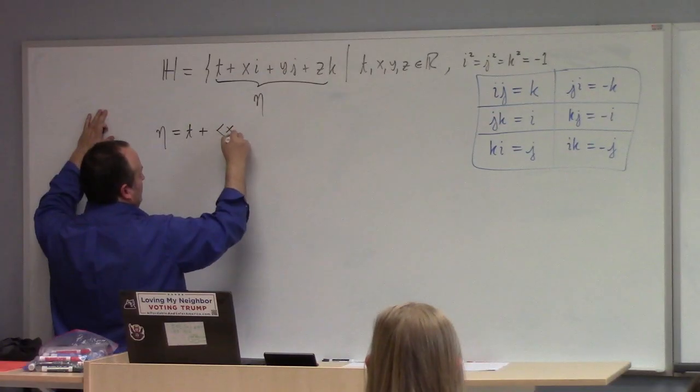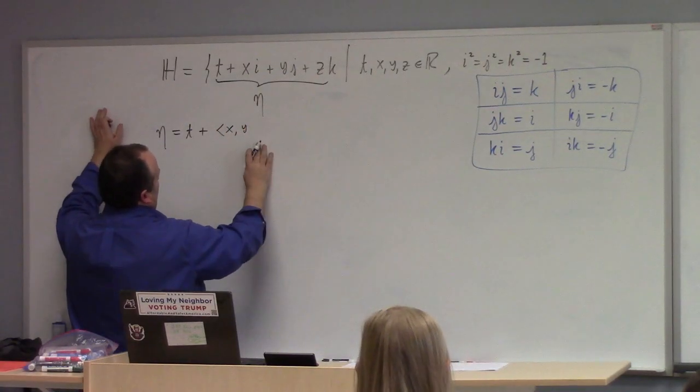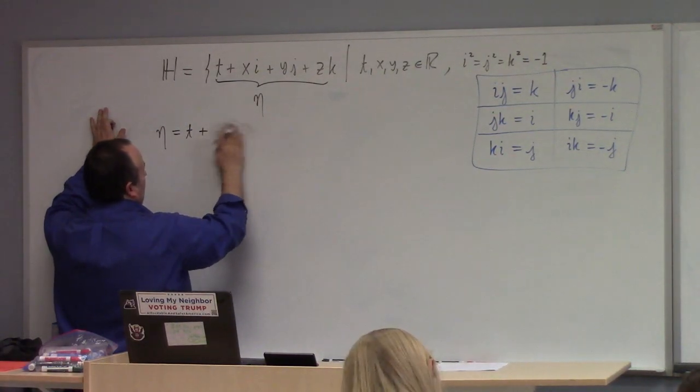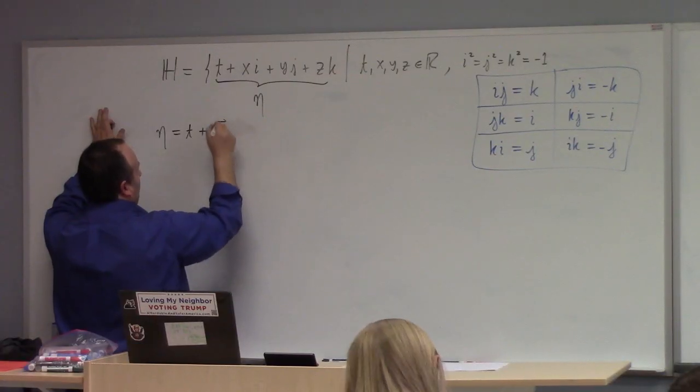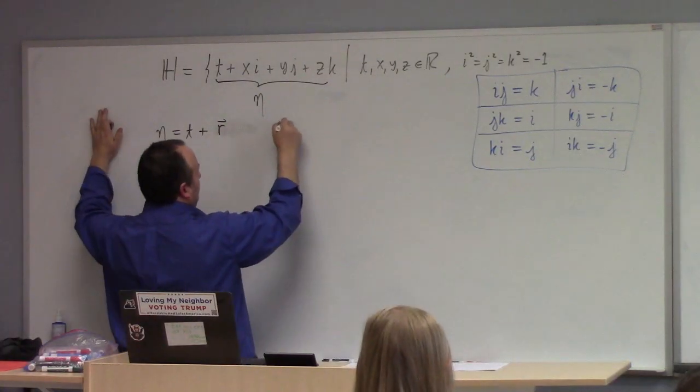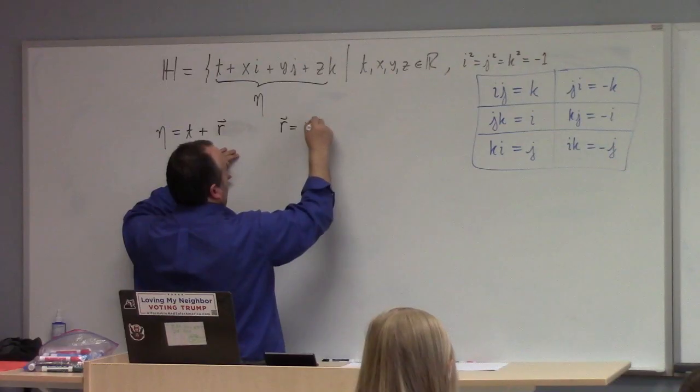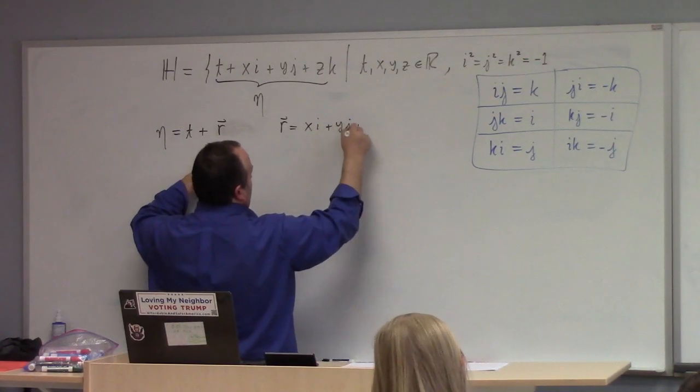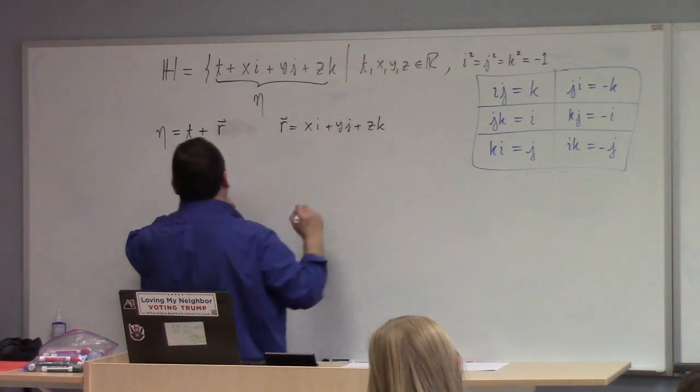Let me just call it r vector. So here I mean r vector is xi plus yj plus zk for the current consideration.